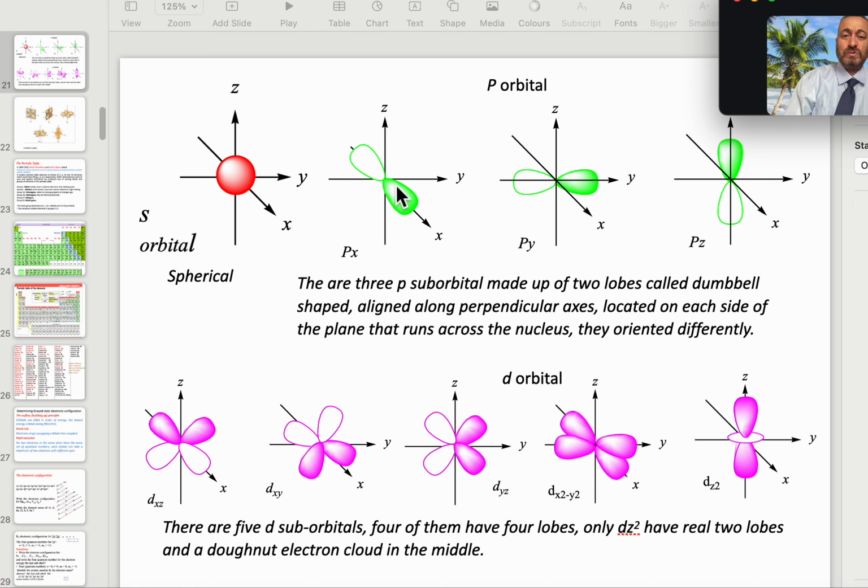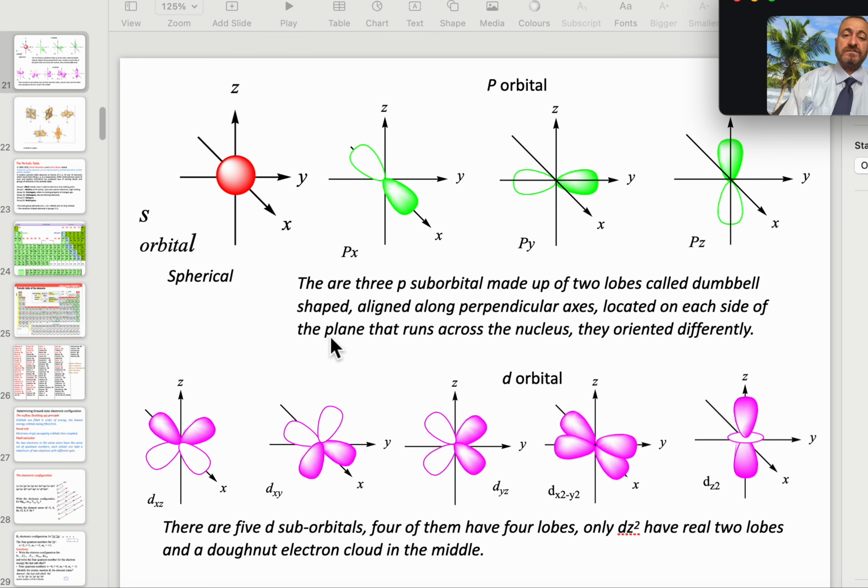They are in two loops, we call them. There are 3 p suborbitals made up of two loops called dumbbell shaped. These dumbbell shaped loops are aligned along perpendicular axes, perpendicular. It's on the axis.